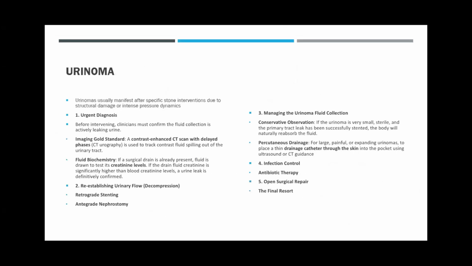So also one of the complications is urinoma, and it usually manifests after a specific stone intervention due to structural damage or intense pressure dynamics. So it's an urgent diagnosis, and before intervention, we need to confirm the fluid collection is actively leaking urine.